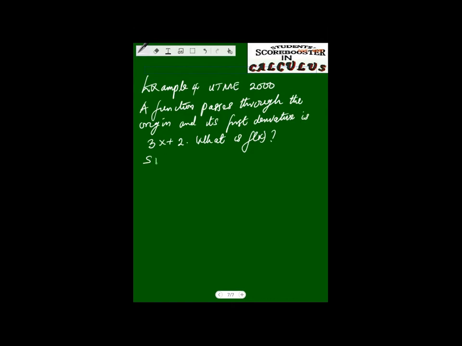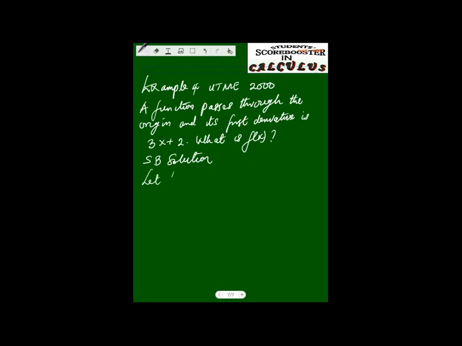So the score booster solution is we look at this as just integration. A function passes through the origin and its first derivative is this.